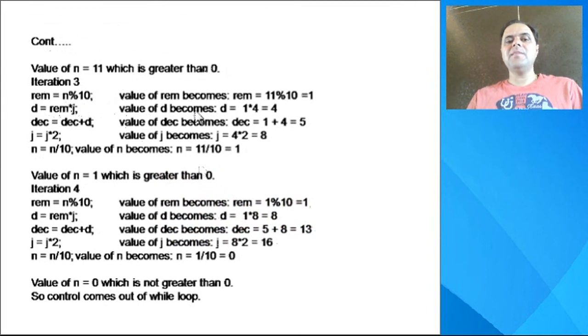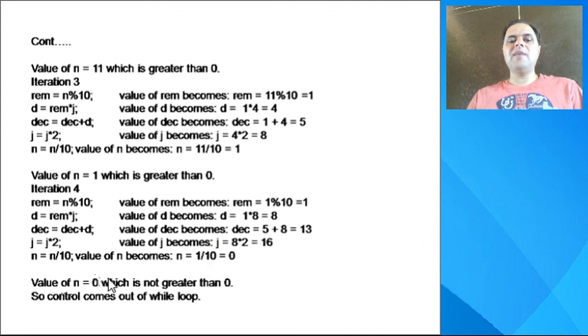So in iteration 3, remainder becomes 1, d becomes 4, decimal becomes 5, j becomes 8, and n becomes 1. Again 1 is greater than 0. So in iteration 4, remainder becomes 1, d becomes 8, decimal becomes 13, and j becomes 8 into 2, 16. Now n becomes 0.